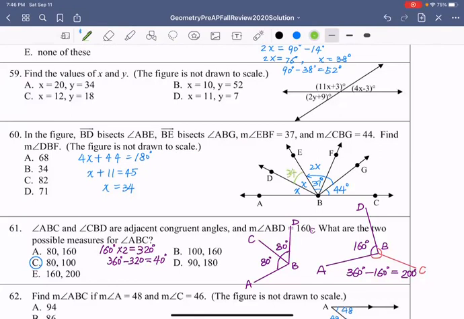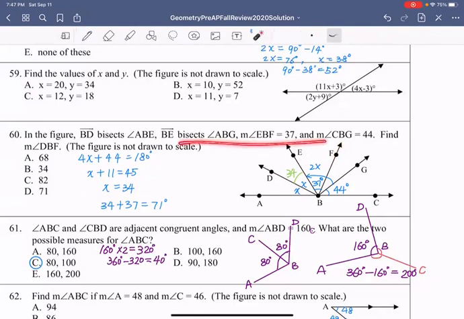And they ask for DBF, what do we do? We do 34 plus 34. Hold on, this is 37, right? Oh yeah, 34 plus 37 equals 71. There you go. Makes sense now?